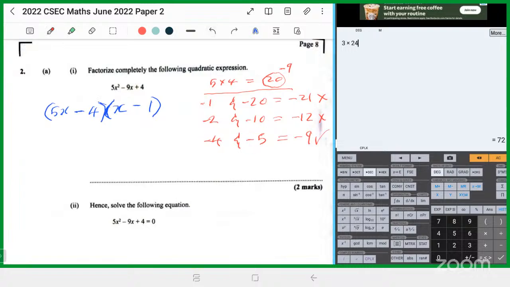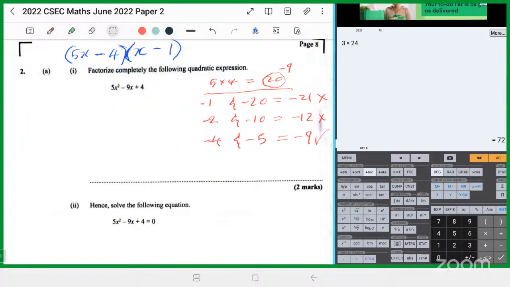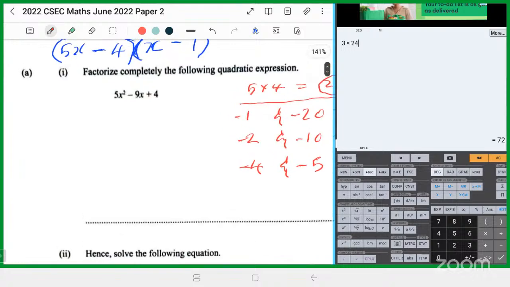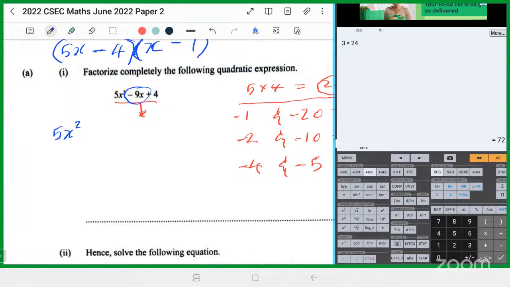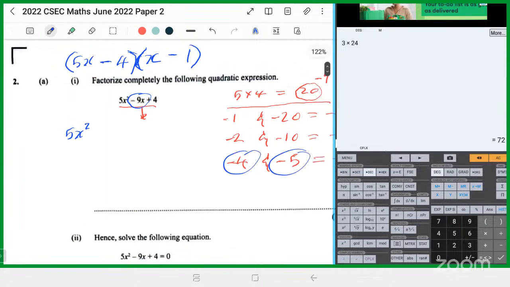Let me move this out of the way a bit. I will do the short way. It means that now, with this expression, we're going to break the middle term, so we can create a situation where we can factorize by parts. So this 5x squared is going to come back and change 5x squared. And this, you're breaking using these two factors, so that the 9 is a minus 4x and minus 5x, or you can put minus 5x and minus 4x.